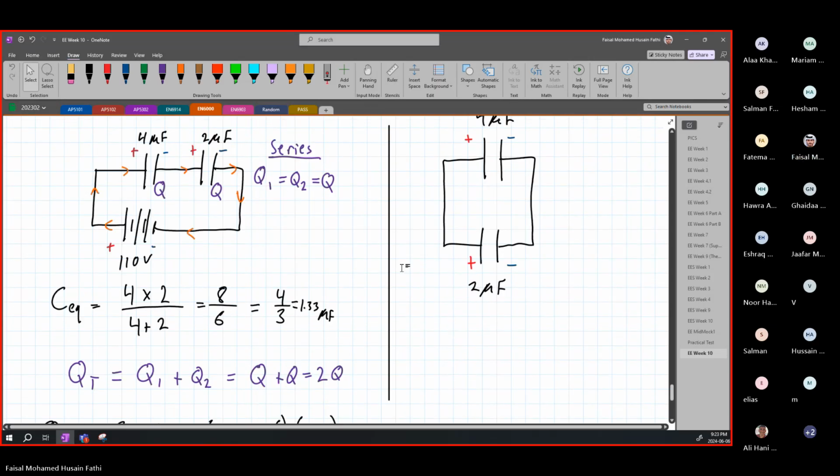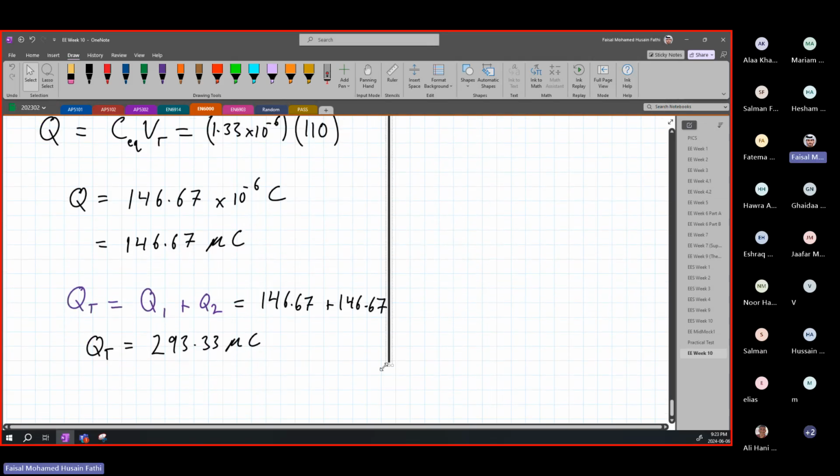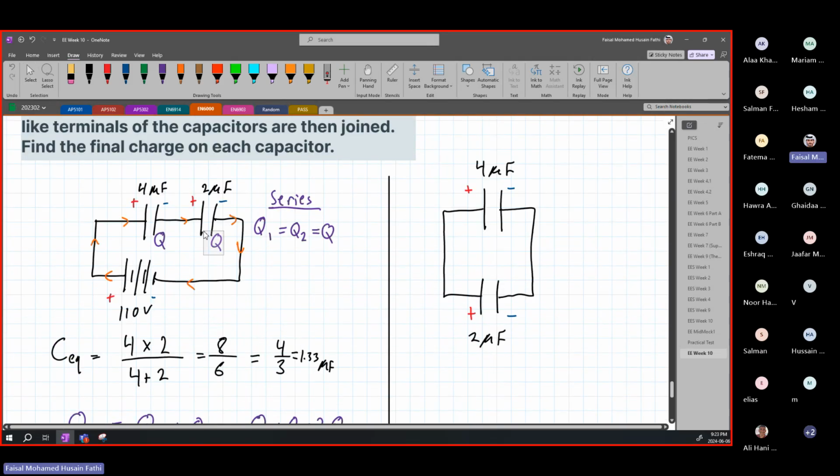For a series circuit, for the capacitors, they're going to have this rule to find their equivalent, and the charge that is going through each one is going to be the same value. So the Q that is going through each is going to be the same.